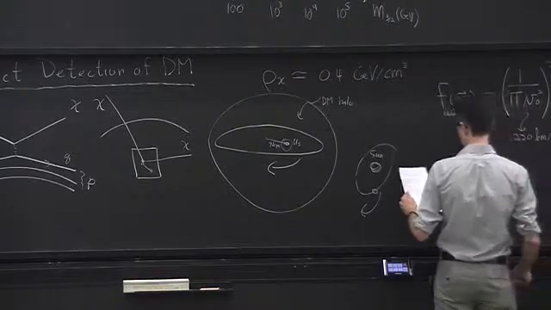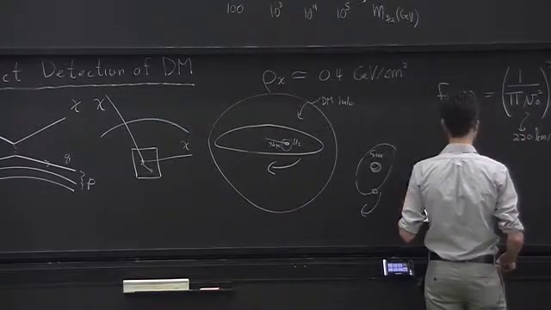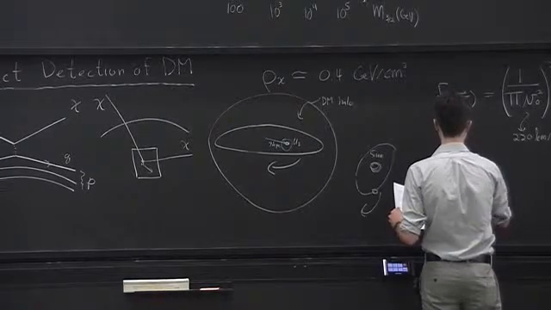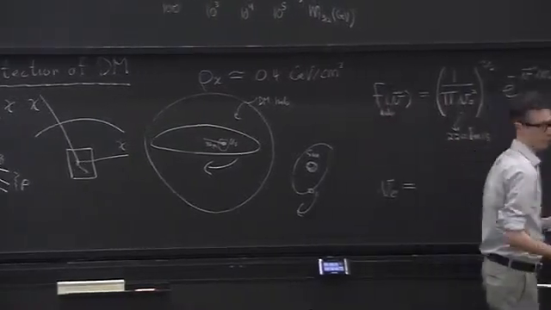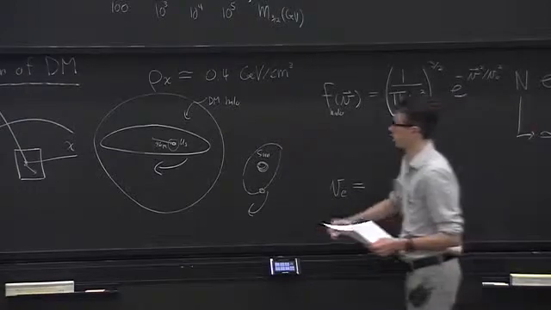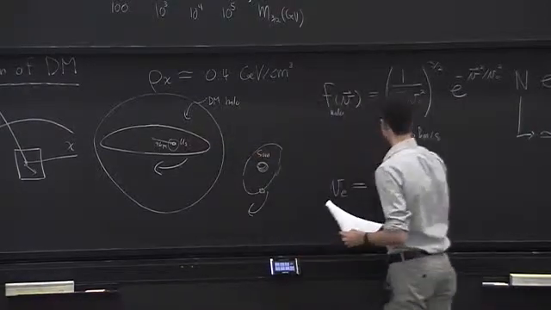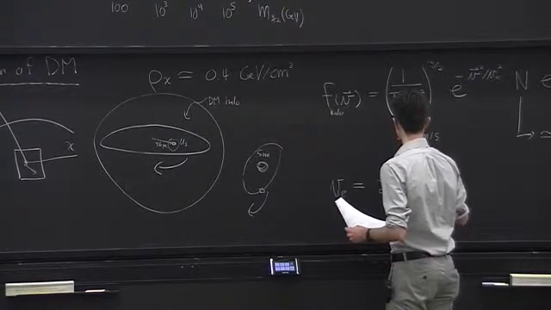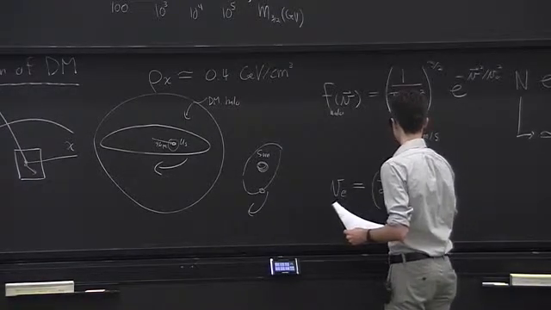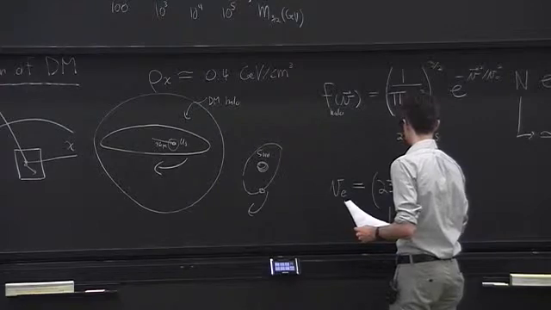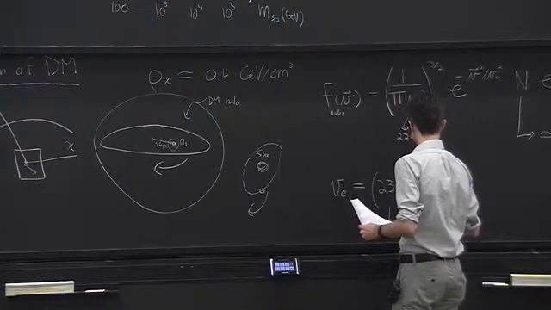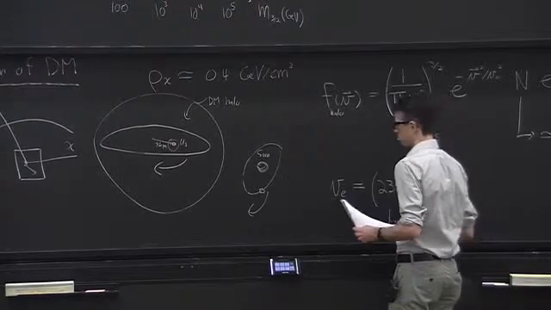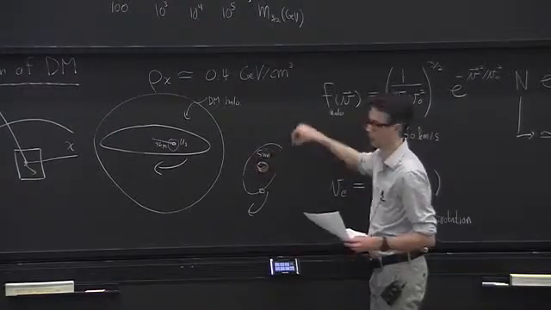So to handle this, it turns out that the typical velocity of the Earth has two components. It has one component from the rotation. The component with respect to the rotation turns out to be roughly 230 kilometers per second. So this is from the galactic rotation. But on top of that, we have an extra rotation around the sun.